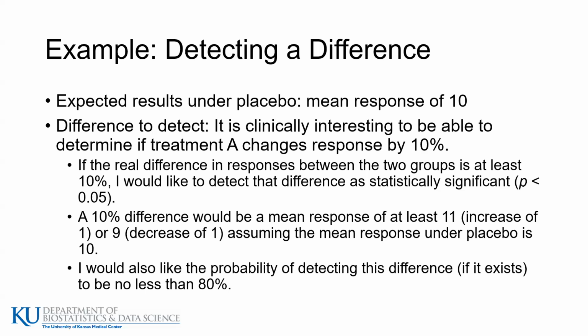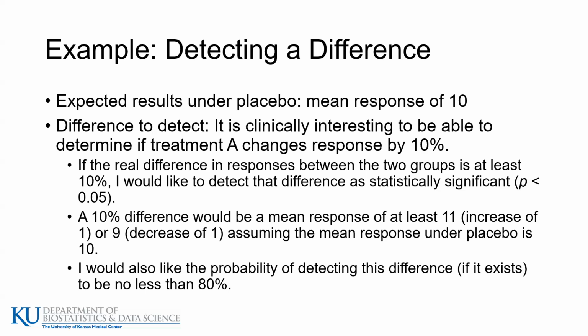So a 10% difference, in this case, if the mean response under the placebo is 10, we would want to observe a mean response of at least 11 or an increase of 1, or at most 9, or a decrease of 1, assuming that the mean response under placebo is 10.